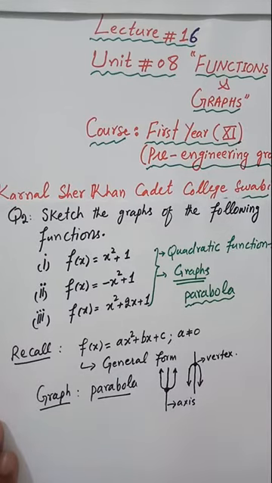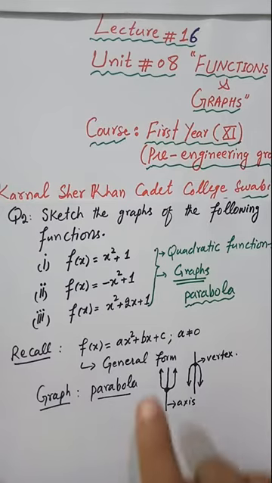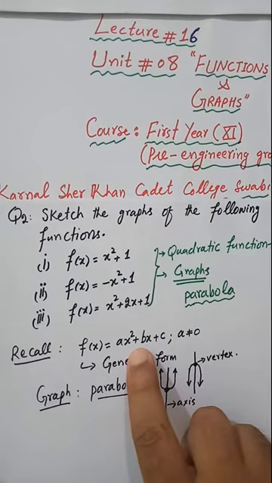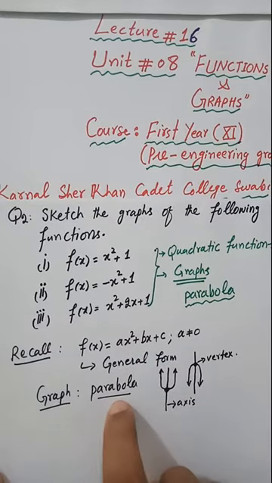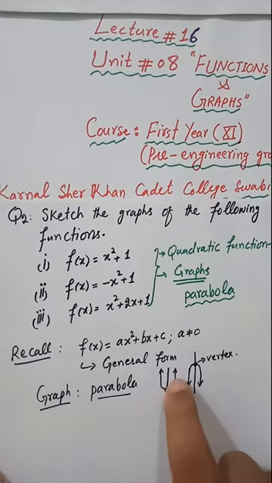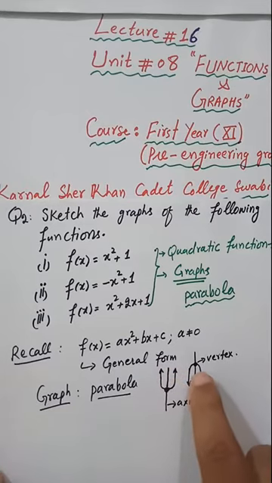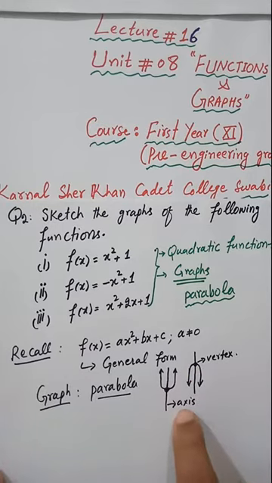This must be known to all of you, that whenever you need to sketch the graph of a quadratic function, remember that the graph must be a parabola, and the branches of that parabola may be either upward or downward, and that will be the vertex, and this will be the axis of symmetry or the axis of the parabola.